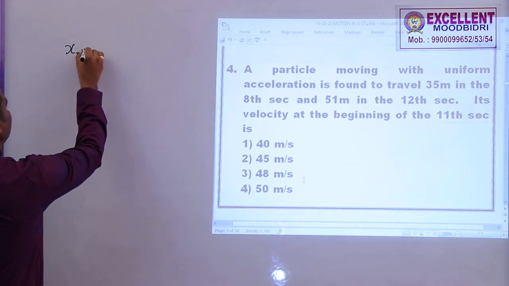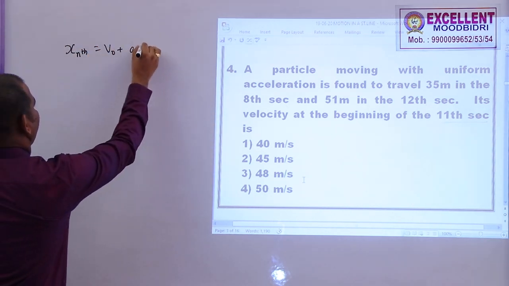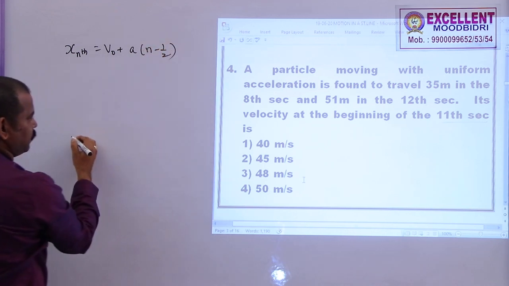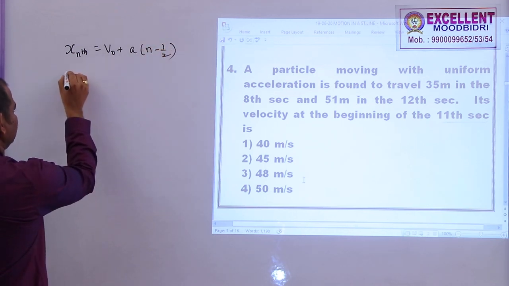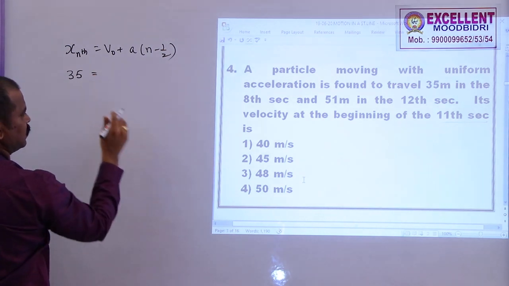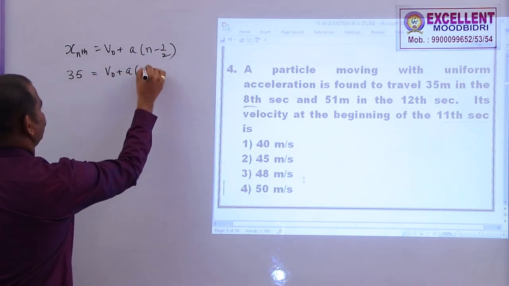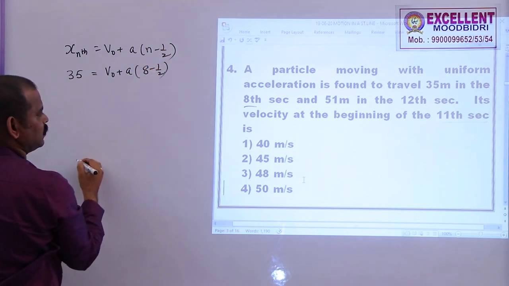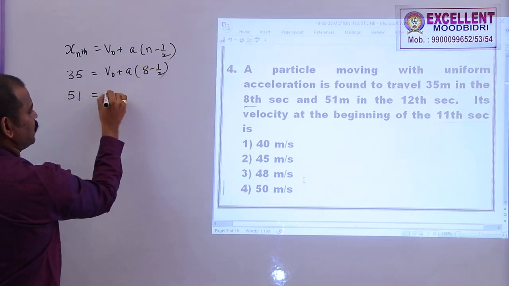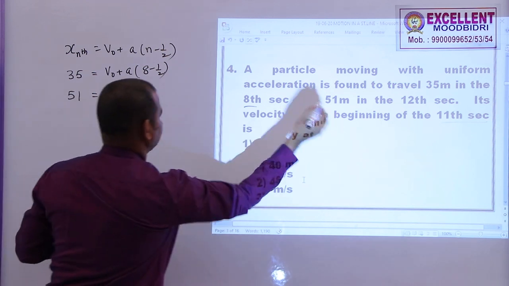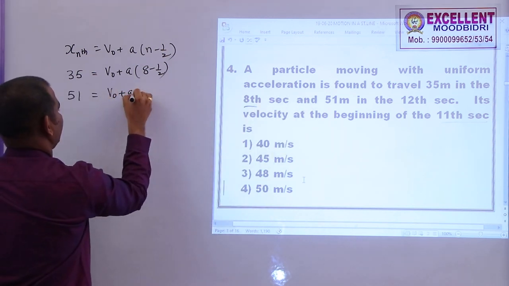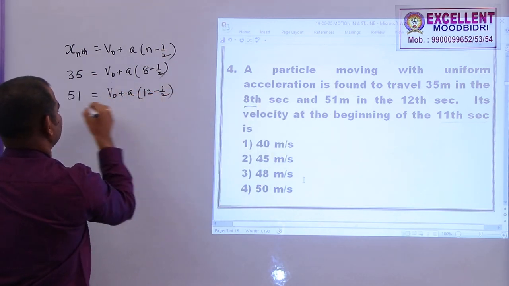Now, let me use this formula. The displacement in the nth second is given by v naught plus a of (n minus half). It travels 35 meters in the 8th second, so this is v naught plus a into (8 minus half). Similarly, 51 meters in the 12th second, so this is v naught plus a into (12 minus half).